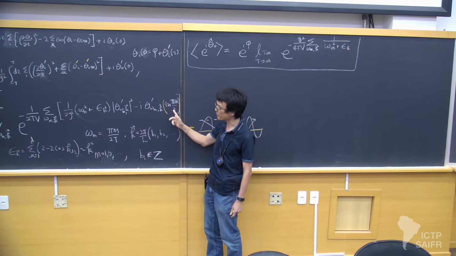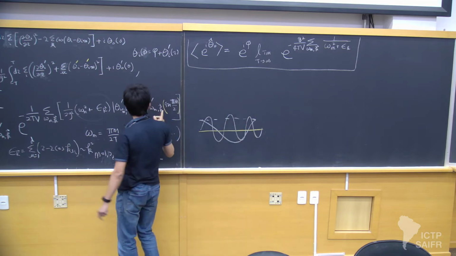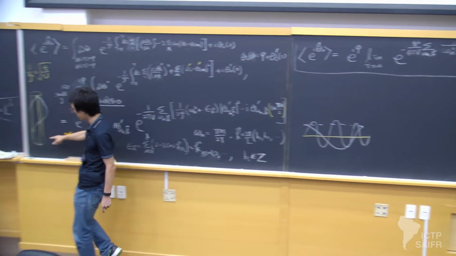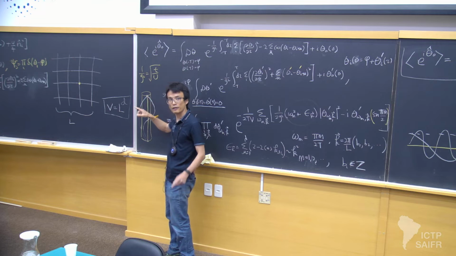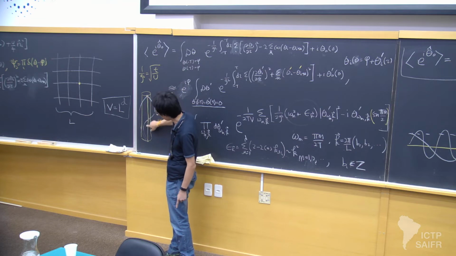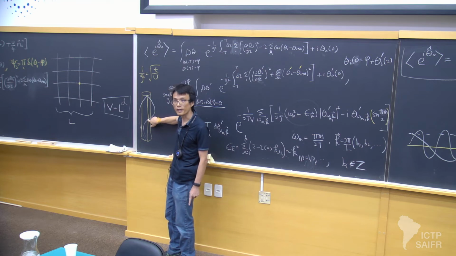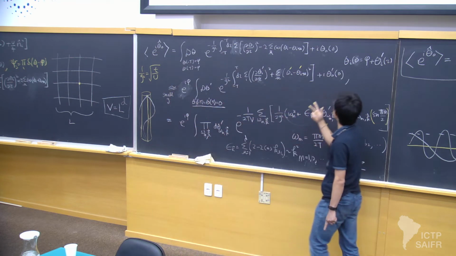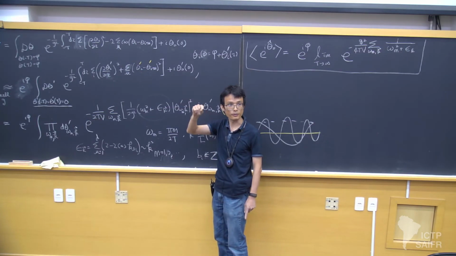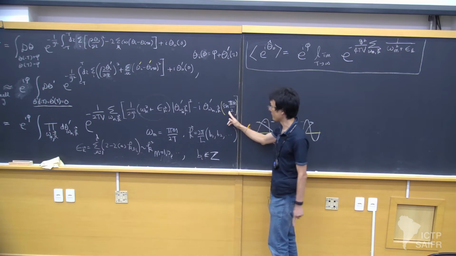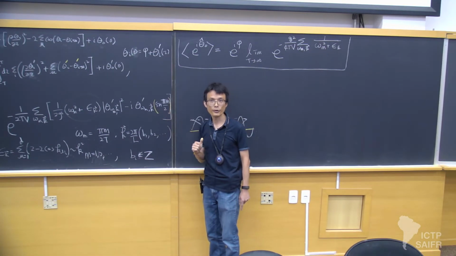This just denotes the fact that for certain modes, like integer n modes, there's a node at the origin at t equals 0. And that mode doesn't contribute to the fluctuations of this operator inserted at t equals 0. Right? That's why there's this form factor. But this is a minor detail. Okay?